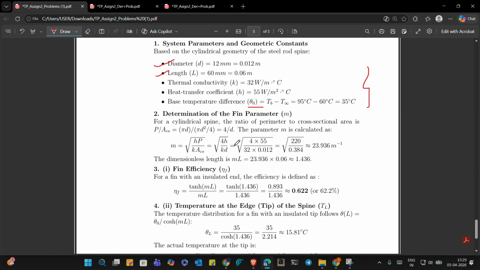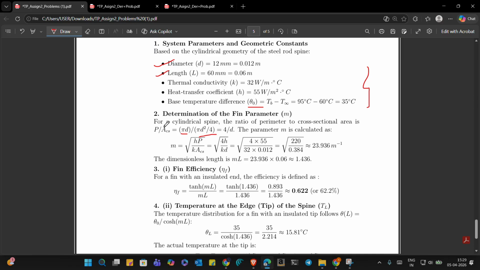For a cylinder, as we know, the perimeter is given as the circumference of the circle at one end of that cylinder. So pi d is the perimeter for our cylinder, while pi d squared by 4 is the cross-sectional area of our cylinder.